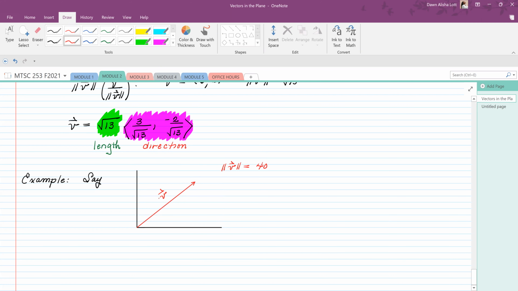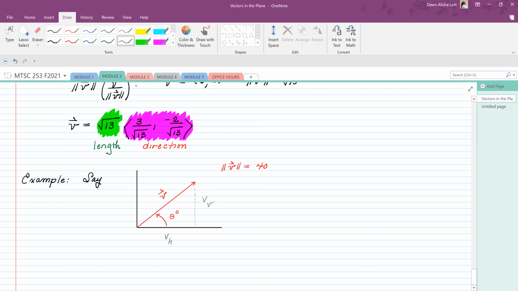And I also want V to make an angle with the horizontal of 30 degrees. Well, if I drop a perpendicular, then I can use trig. And so I know that this side over here, I'm going to call V horizontal. And this side over here, I'm going to call V vertical.